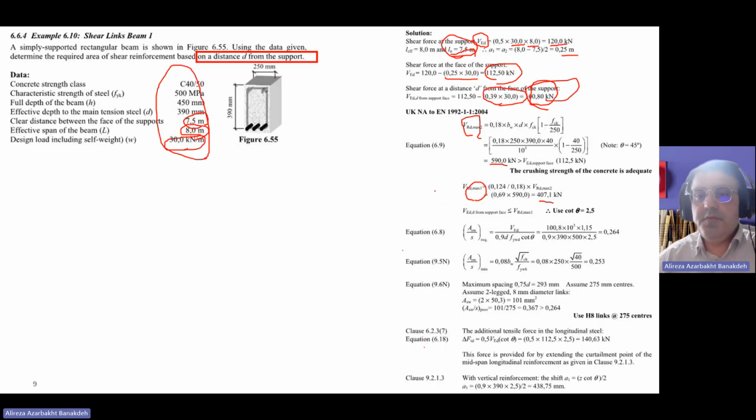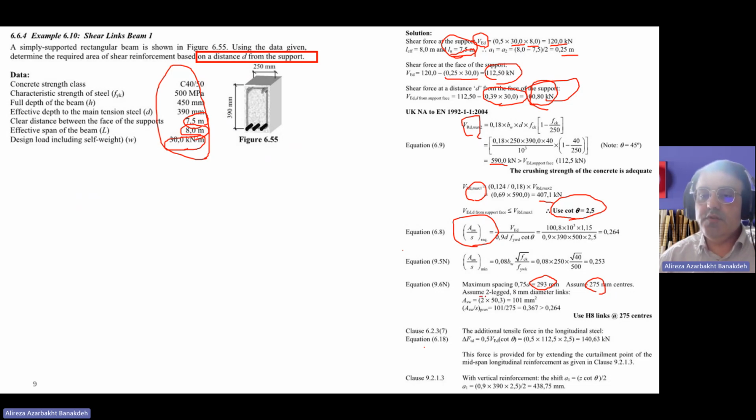So you simply take your cotangent theta equal to 2.5 and put it in the formula, and you will get the ASW over S, and the maximum spacing is 75% of D, which means 29 centimeters. So we assume we will put shear reinforcement in every 275 millimeter.